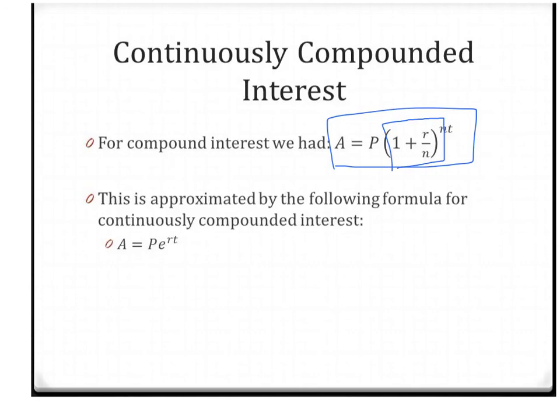So we can replace that with e, and this is an equation for interest that's compounded continuously. Usually you have interest that's compounded monthly or quarterly, or daily. This is interest compounded continuously, meaning you're continually getting interest and continually earning interest on that interest. That is the formula, so make sure you have that written down.